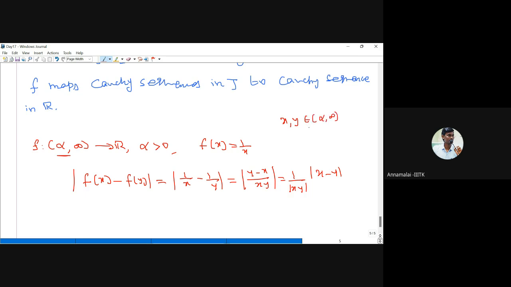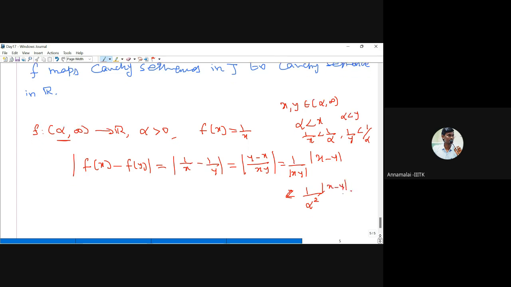That means both x and y should be bigger than alpha. So alpha is strictly less than x, therefore 1 by x is strictly less than 1 by alpha. Again, alpha is strictly less than y, therefore 1 by y is strictly less than 1 by alpha. Therefore this is less than 1 by alpha square times modulus of x minus y.